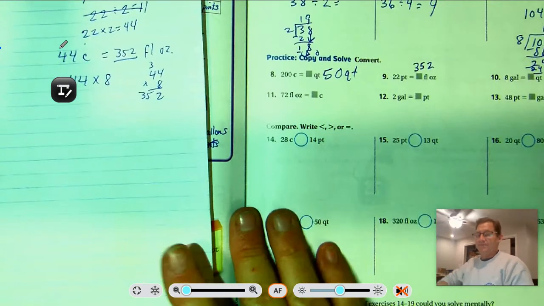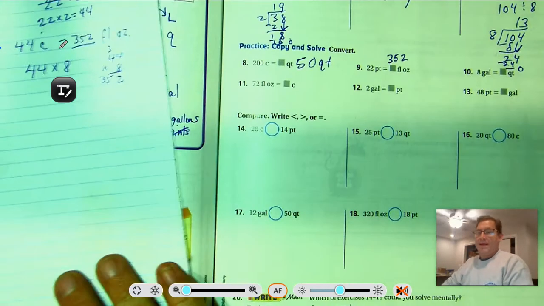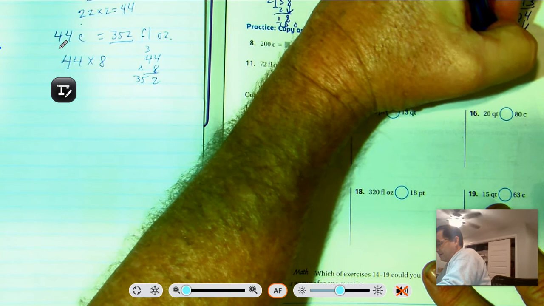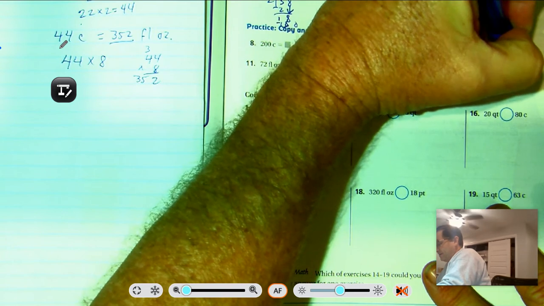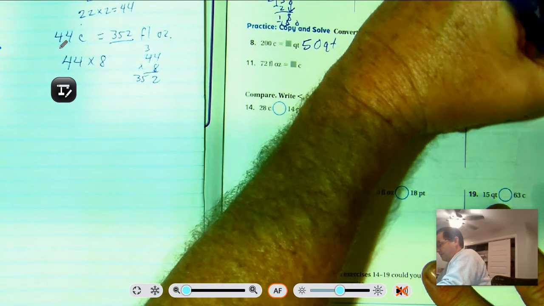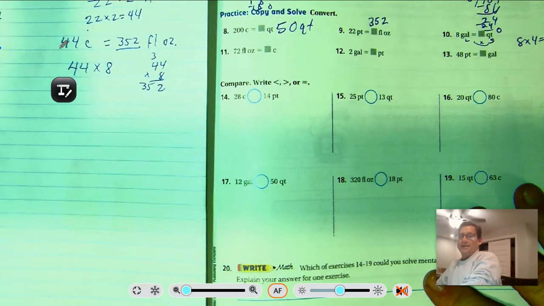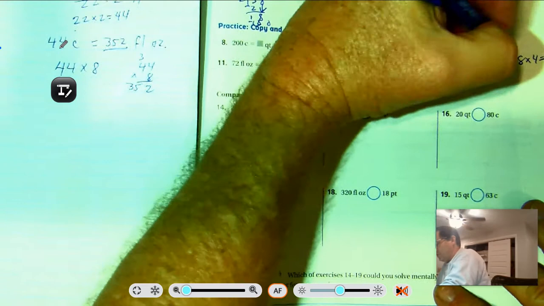Okay, and number 10. 8 gallons is how many quarts? Well, that one we can just simply multiply 8 times 4, because there's 4 quarts to every gallon. So 8 times 4, just 32 quarts.